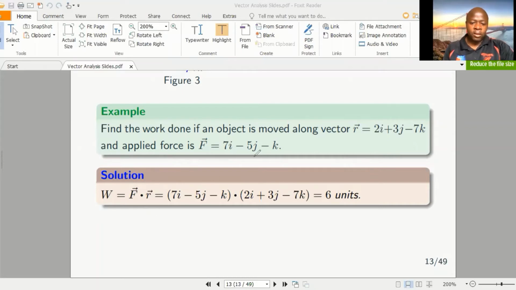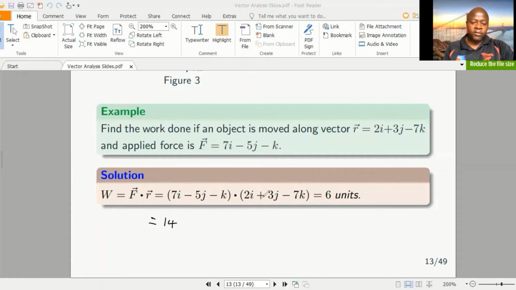Force dot r. So this is our force, 7i minus 5j minus k, dot 2i plus 3j minus 7k. And we know how to get the dot product: this is given by 7 times 2, that is 14.